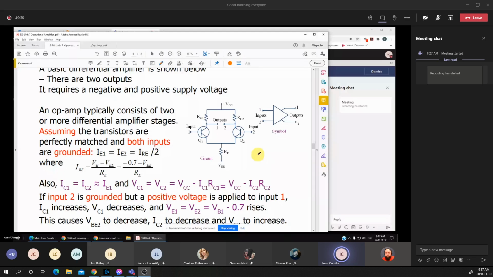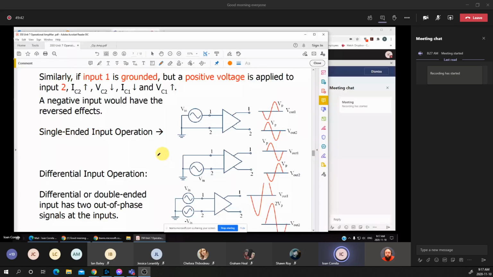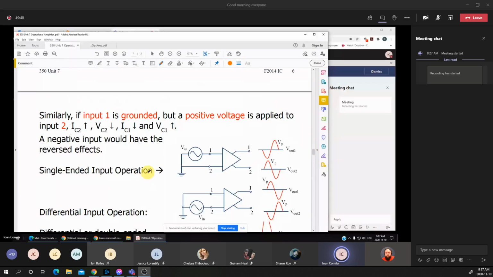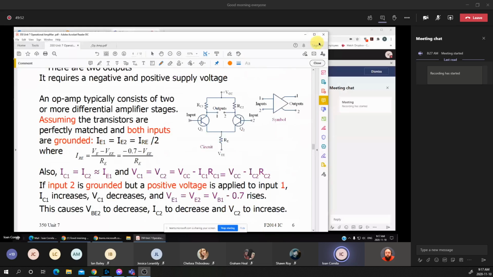And after that, we'll go with the different input voltages that can be connected on the two inputs of the op-amp. Any questions, comments, concerns, please?